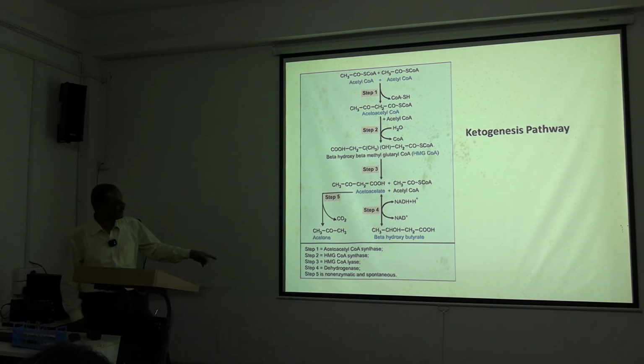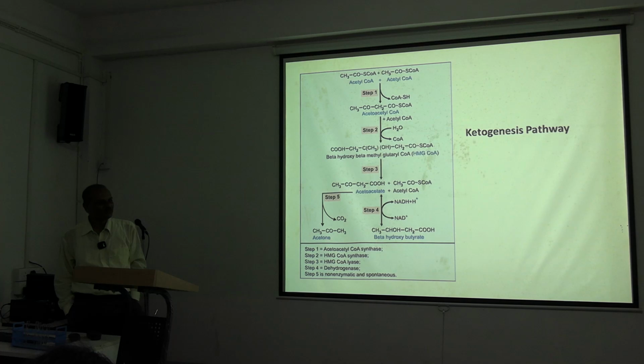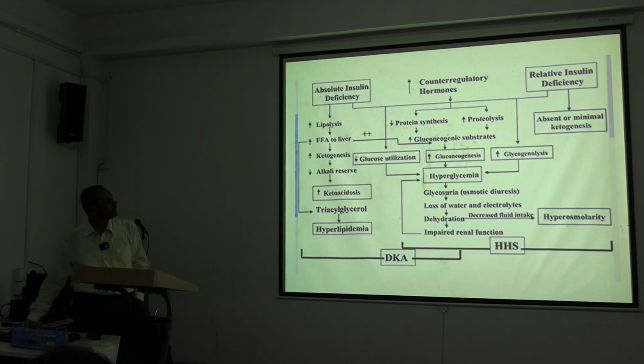These enzymes and this pathway you have to remember as long as you remain in medical practice, because even if you do not do biochemistry, for clinical purposes you will be required to know where it has come from.